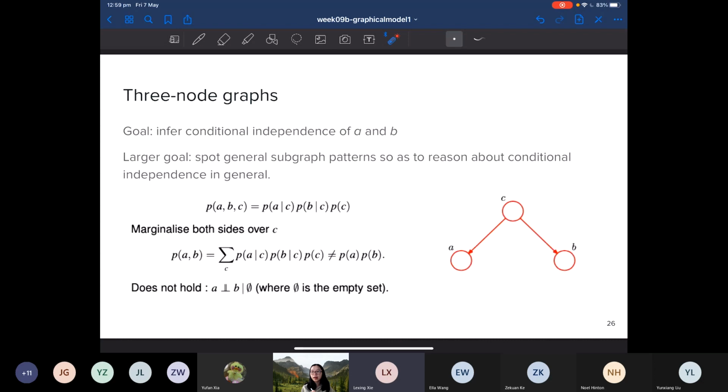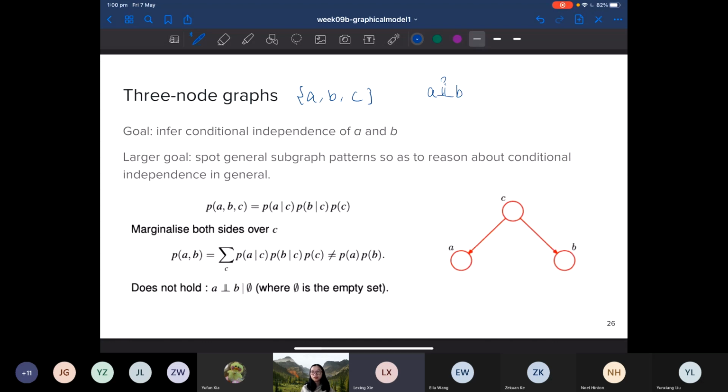So we're going to look at three-node toy graphs, right? The goal is to infer conditional independence of A and B. The three nodes are called A, B, and C, as you can see. So we ask, are A and B conditionally independent, given C or not given C, right?